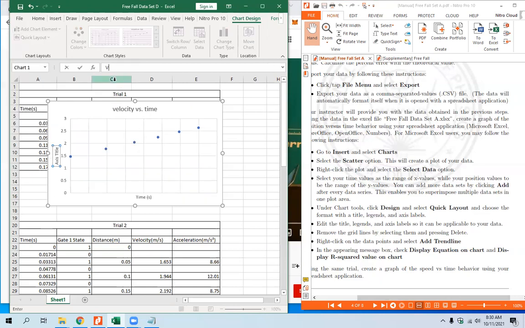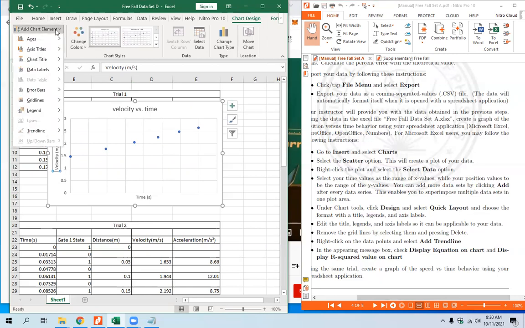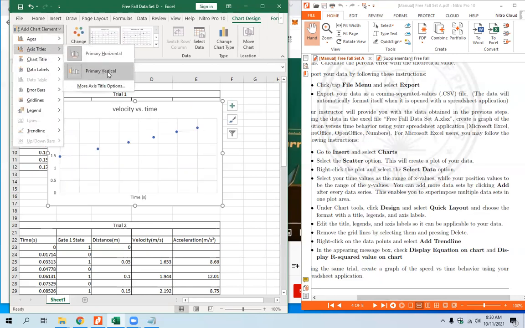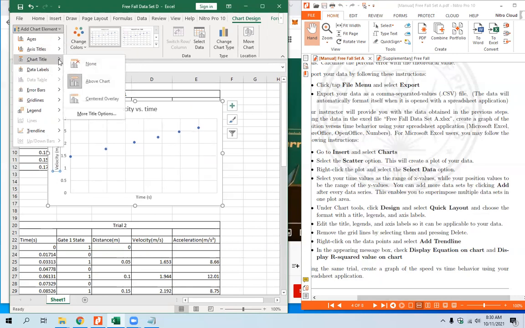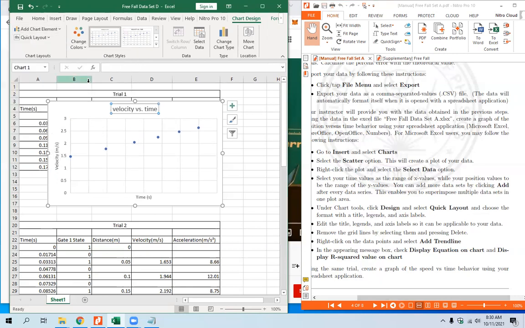Velocity. Meters per second. Chart title pala, above chart. So if I want medyo complete na title, itong isang example na pwede kong gawin. Plot of velocity versus time for free fall experiment. Isang example lang to na pwede niyong gawin.